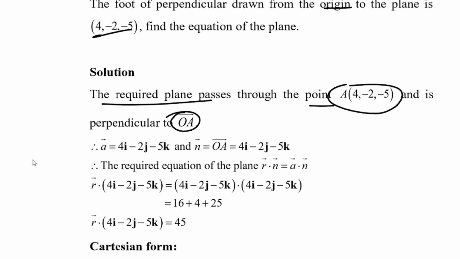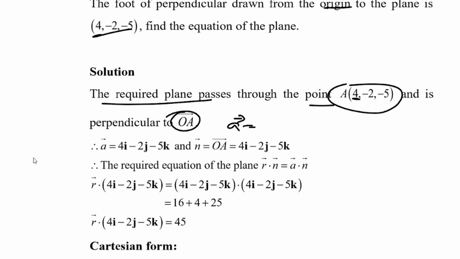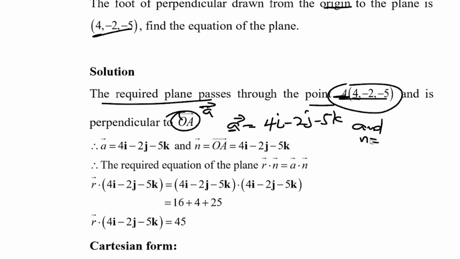So we will say that our A is equal to this one, because if it is perpendicular to OA, the position vector of OA written in small letter a is this. So since it's perpendicular to OA, it means that our small letter a is equal to 4i minus 2j minus 5k, and our N equals OA.